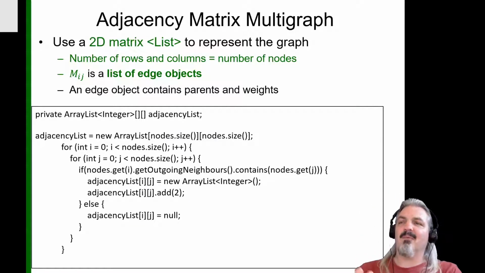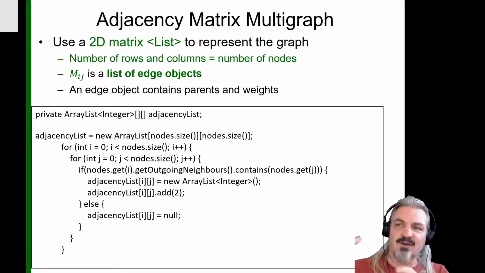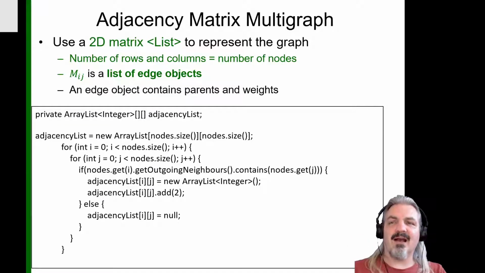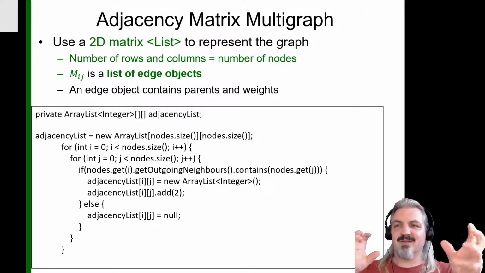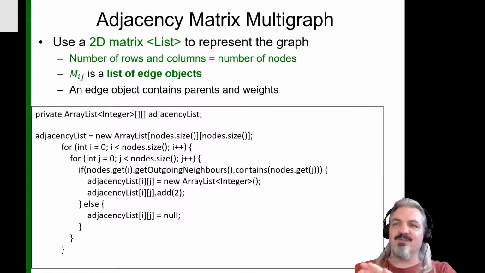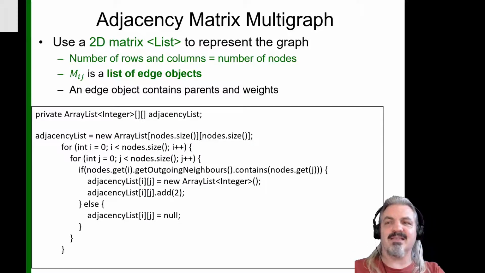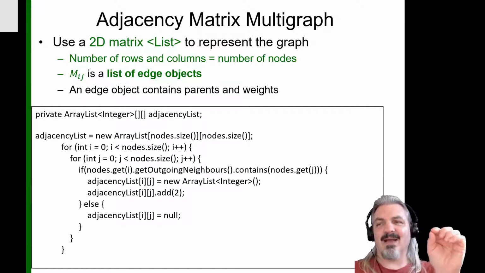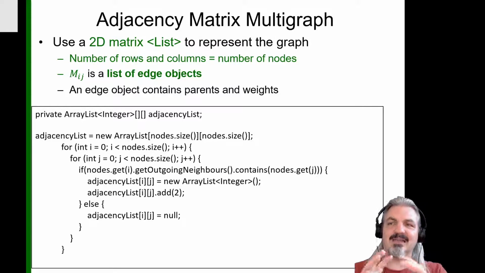Within that, I can go through and cycle through the nodes and through both the i and j, find all the outgoing, and build that adjacency list by adding a number to the adjacency list, and otherwise leaving it null if there's no connections.